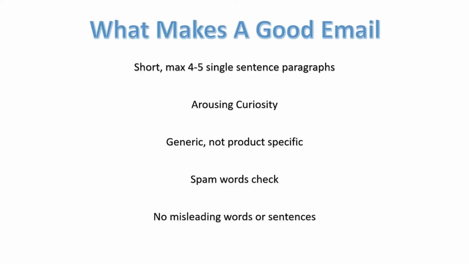So the next component is no misleading words or sentences. This is going to be very important because most of the marketers out there do this same thing and they repeat it again and again.